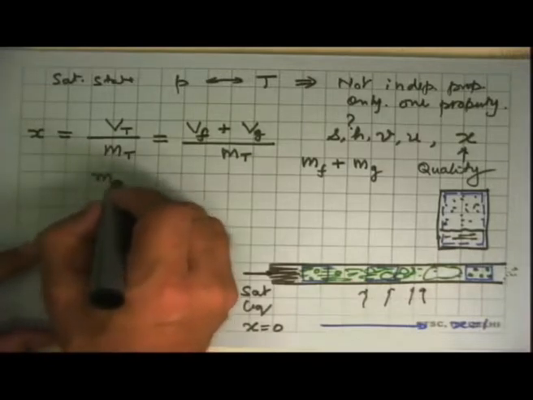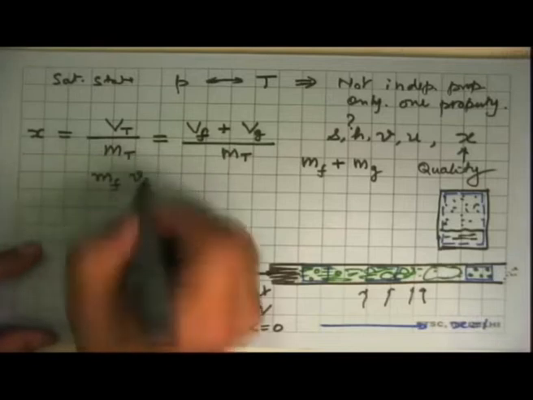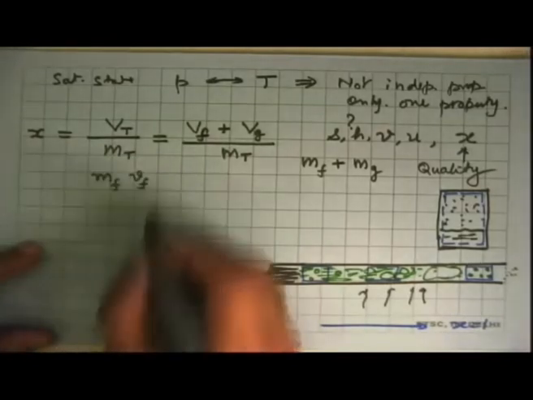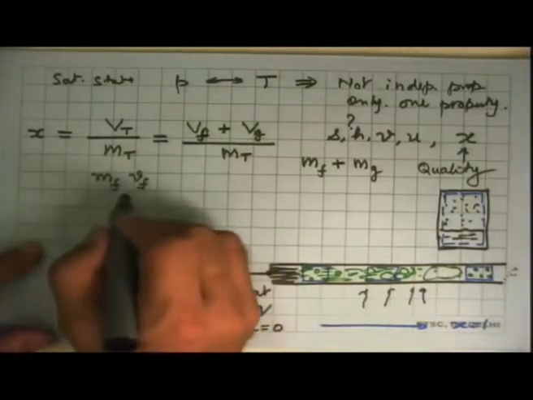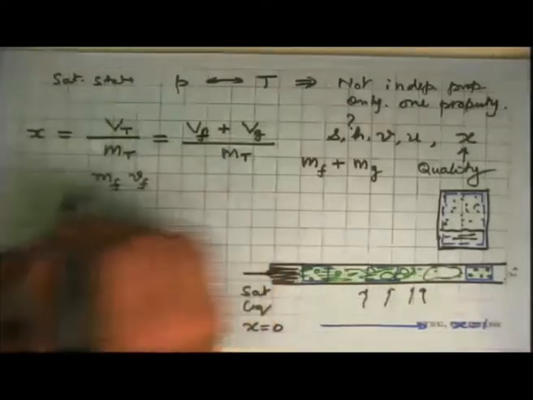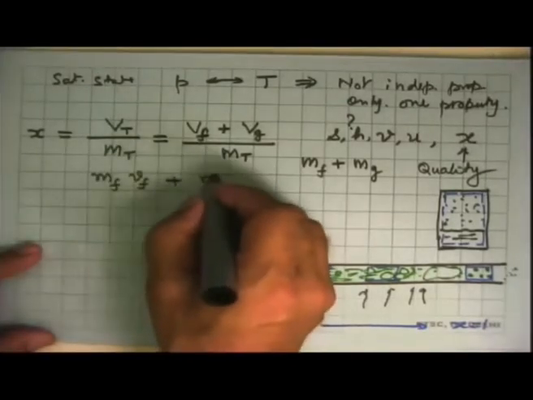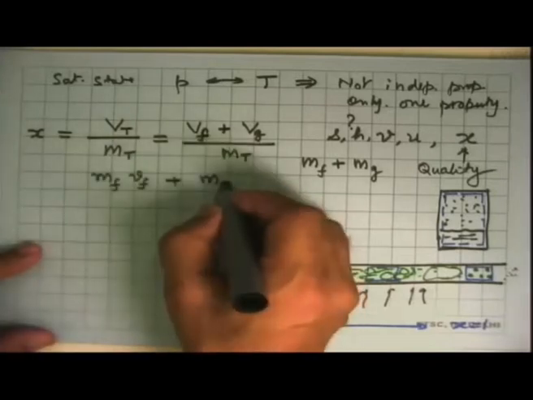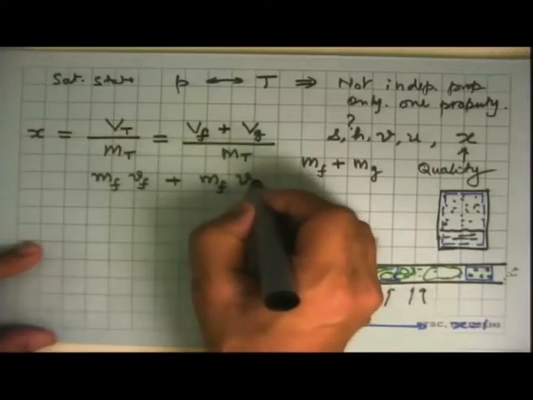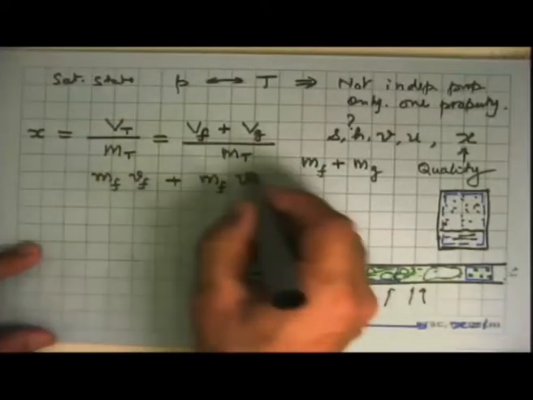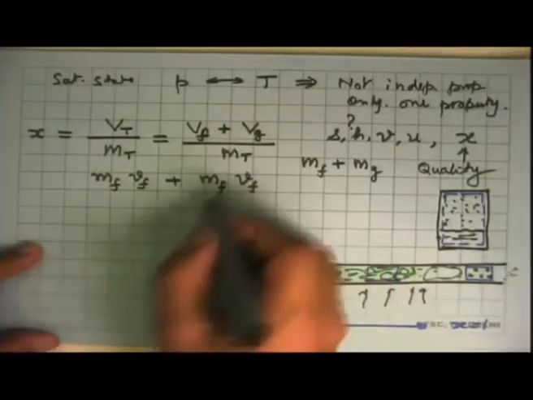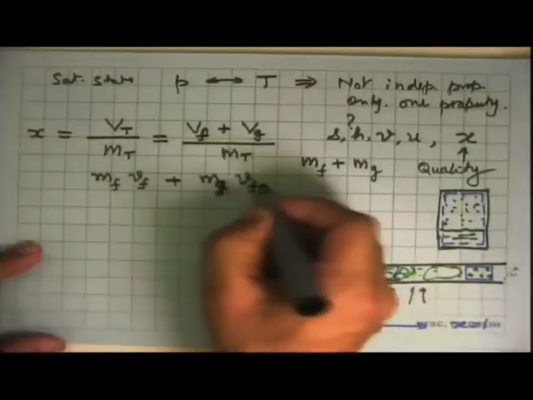This is mf into Vf, the specific volume of the liquid, which is the volume occupied by the liquid. And similarly, mass of the vapor multiplied by the specific volume of the vapor, this is the volume occupied by the vapor, divided by the total mass.